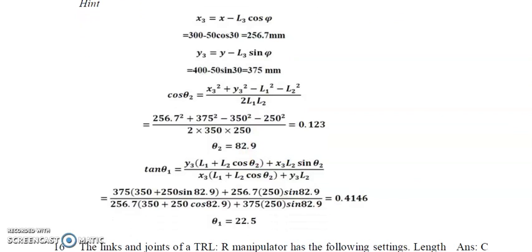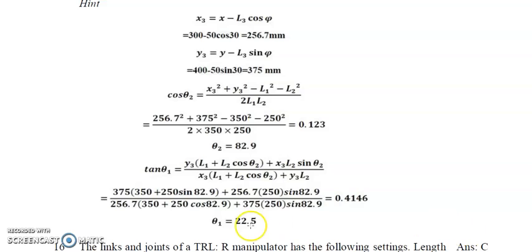Then we are coming to the theta 1 value. Tan theta 1 is equal to y3 into (L1 plus L2 cos theta 2) plus x3 into L2 sin theta 2, divided by x3 into (L1 plus L2 cos theta 2) plus y3 L2 sin theta 2.